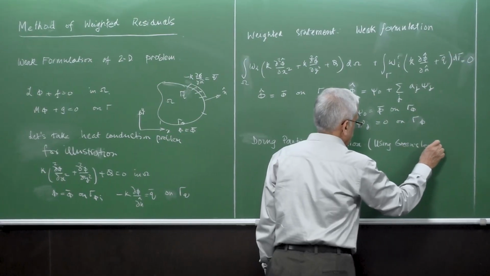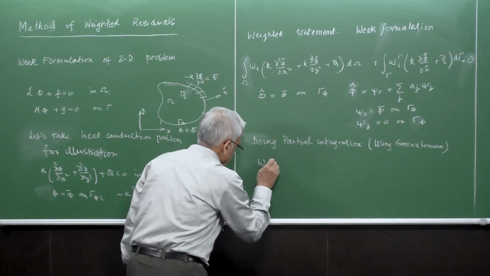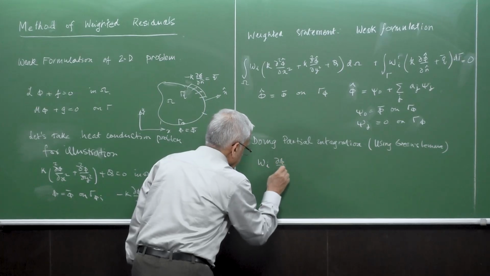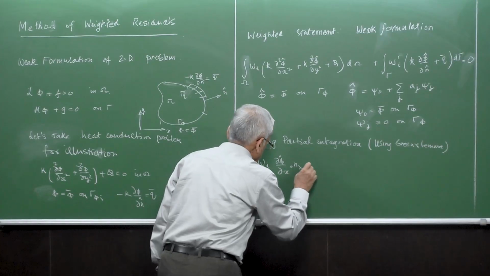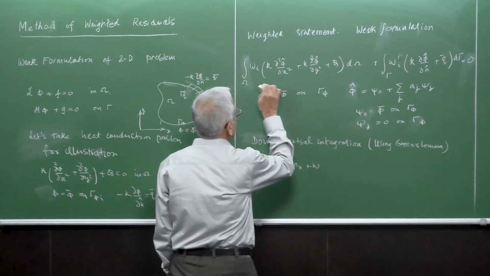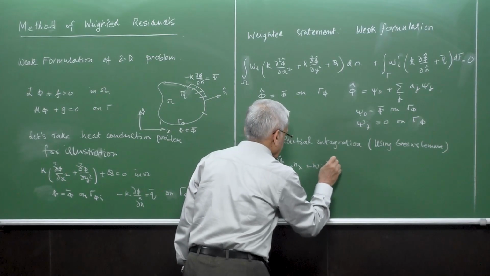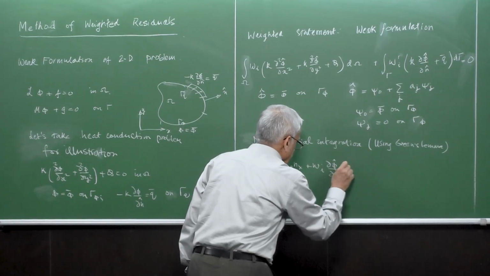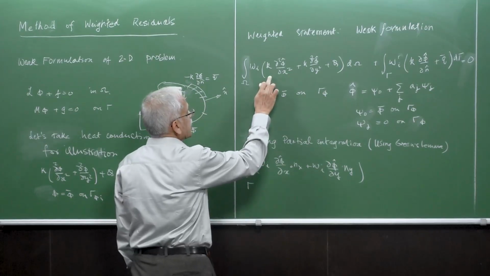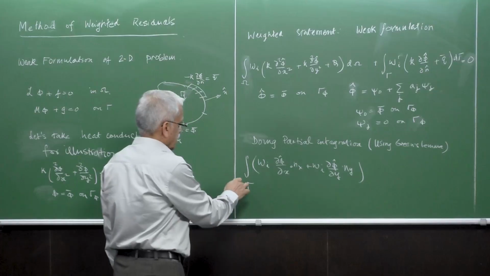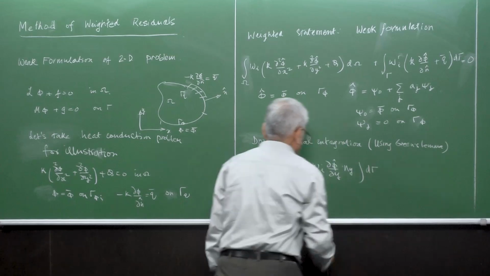In which case this becomes Wi dou phi by dou x times nx, and I will write both at the same time, over gamma. That means these two terms will result in an integral on the boundary, right?